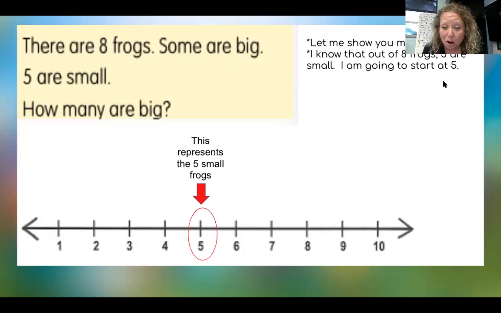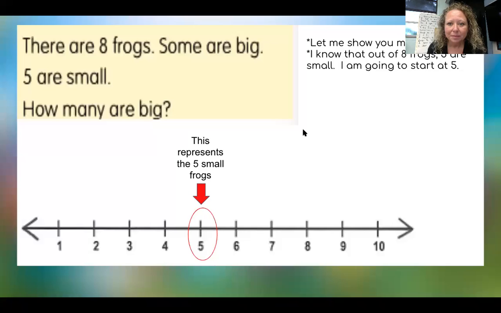Let me reread the problem one more time. There are 8 frogs. Some are big. 5 are small. How many are big? Let me show you my thinking.